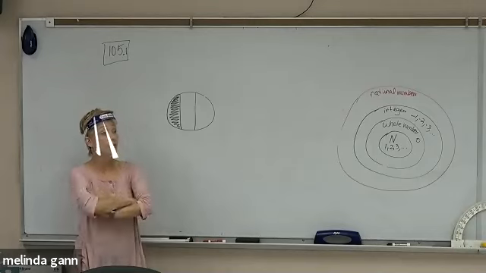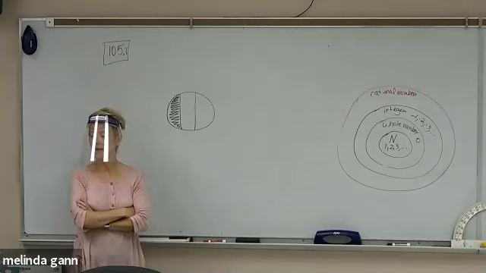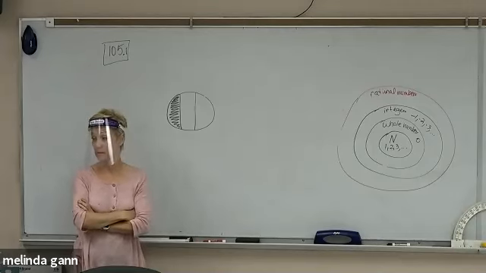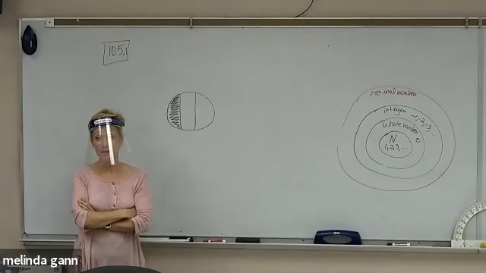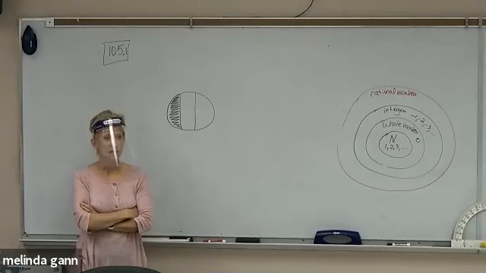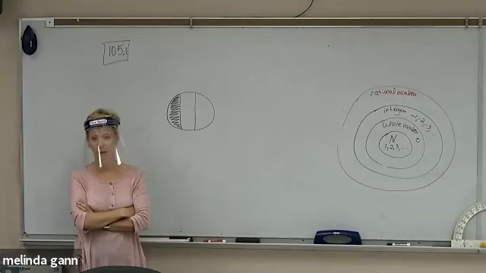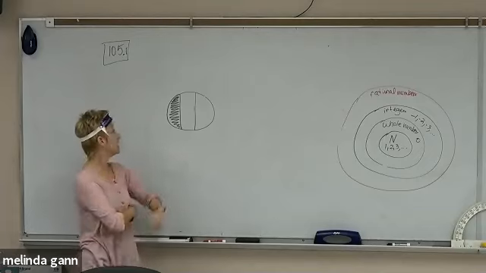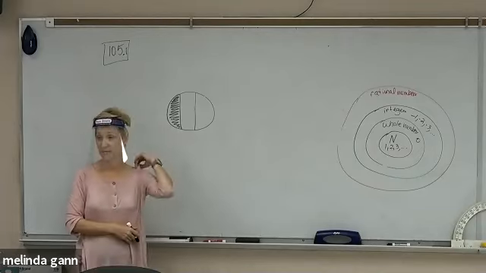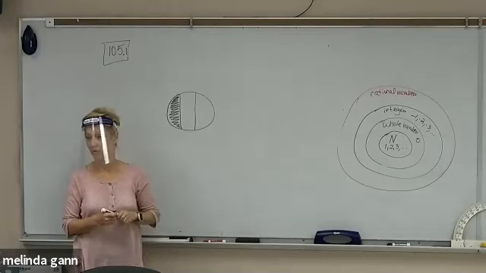What does 1/3 mean? Does it mean 1 out of 3 pieces? Not exactly. It means 1 out of 3 equally sized pieces. So I need you to make sure you tell them that all the time. See, these 3 pieces are not the same size. So that's not 1/3 of the circle.